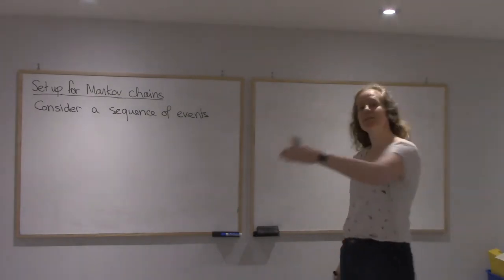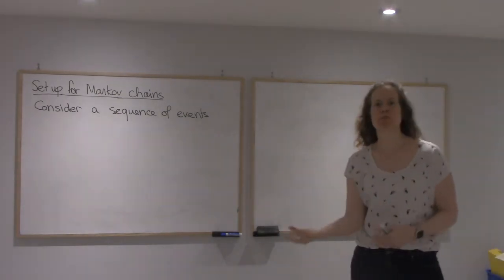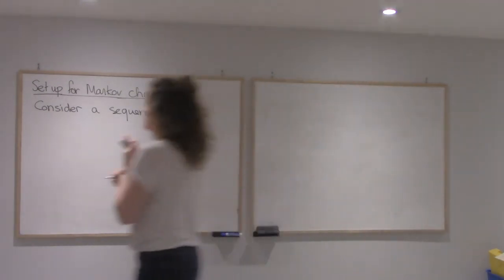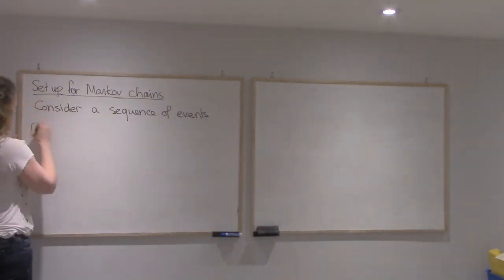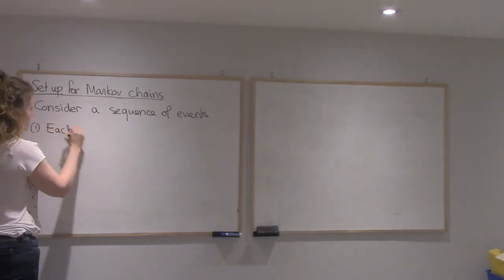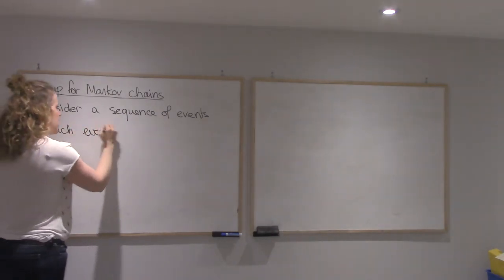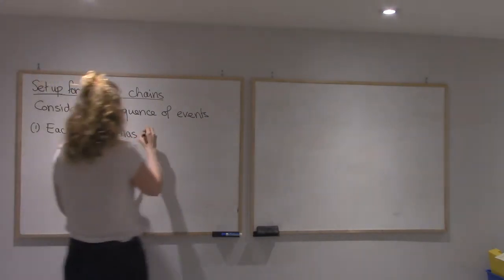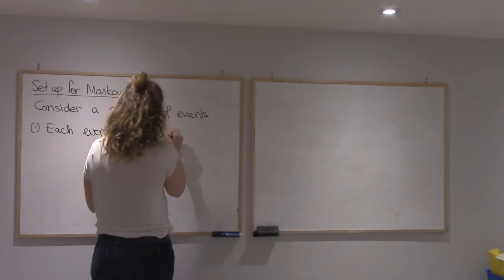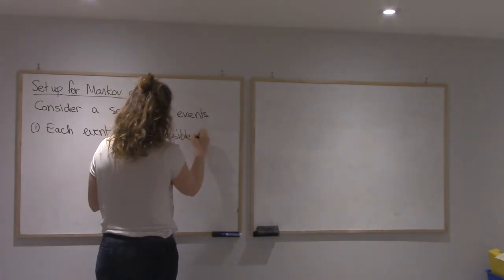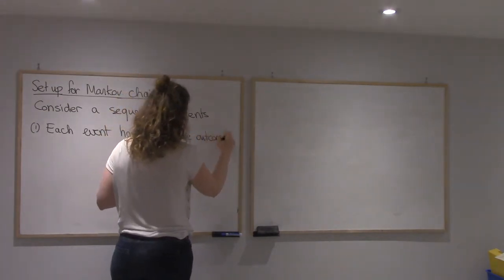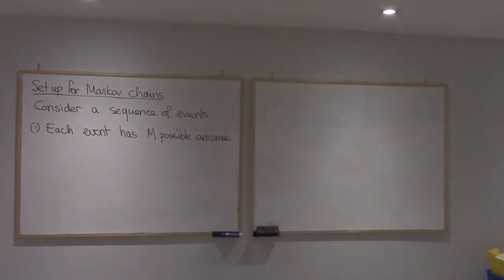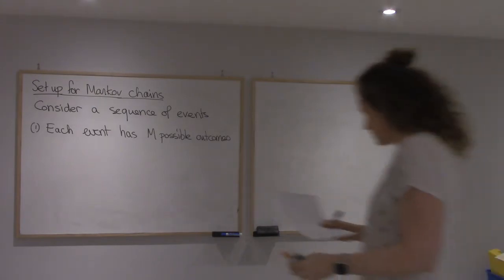So in each election, there were only two parties, liberals and conservatives, and we're just looking at how a person votes. So each event has a fixed number of m possible outcomes. So in our case, m was 2. These outcomes are called states.